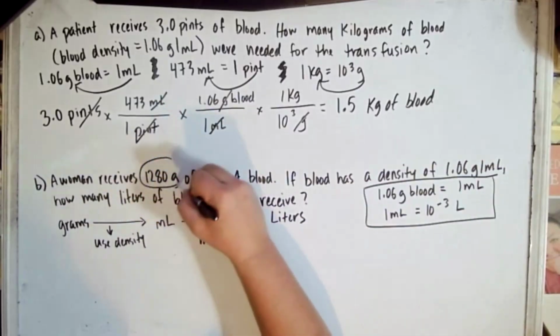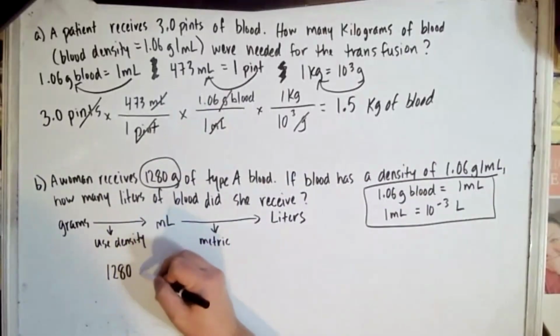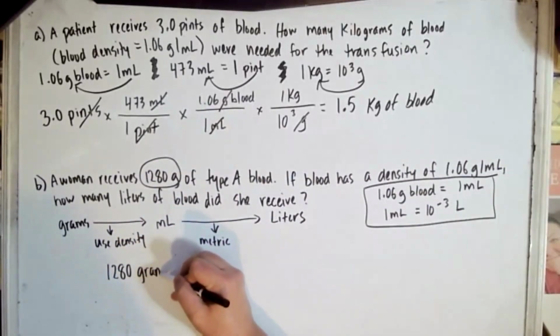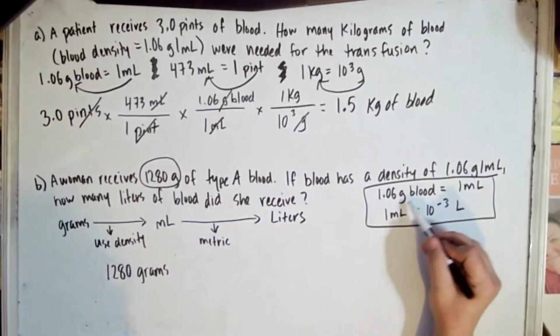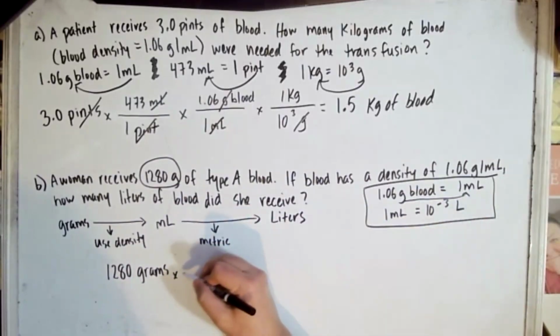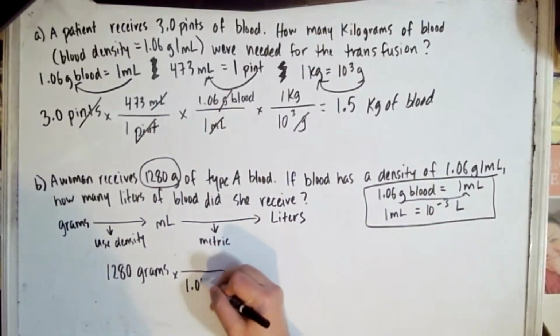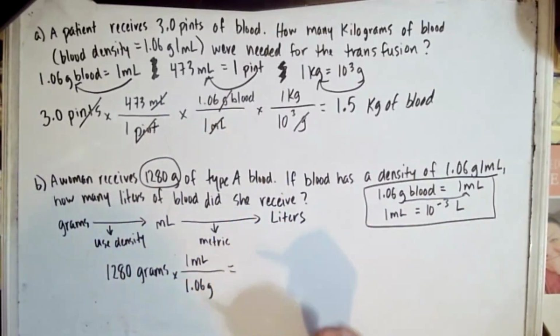So we'll start out with our mass that we were given, 1280 grams. And in our first step, we're going to use our density to go from grams to milliliters. We'll do this one in pieces since we did the other one in one step.